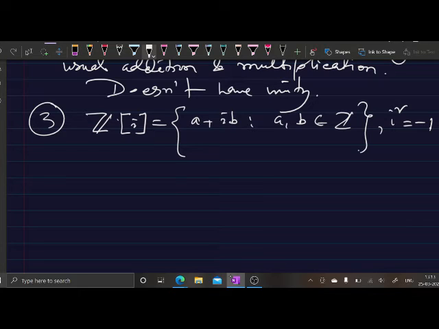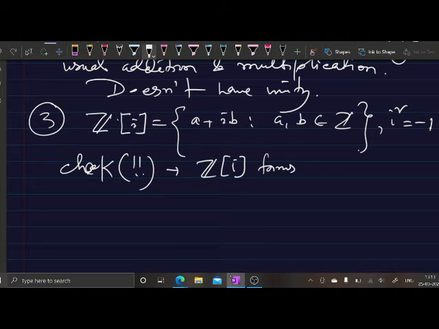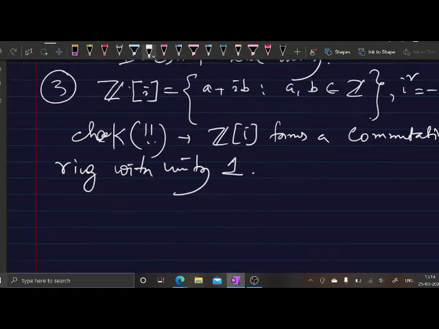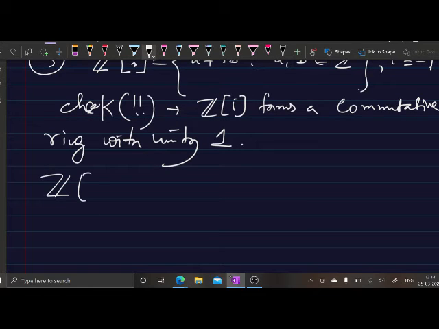Then with respect to usual addition and multiplication, you should check that Z[i] forms a commutative ring with unity, which is the integer 1, because 1 can be written as 1 plus 0i. So this will form a commutative ring with unity 1, and this ring has a special name due to Gauss.